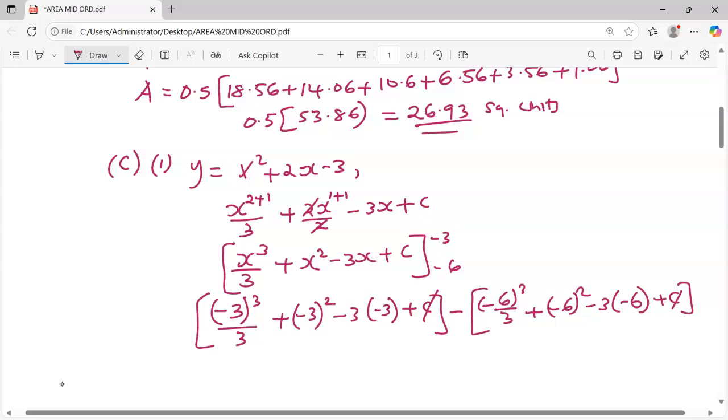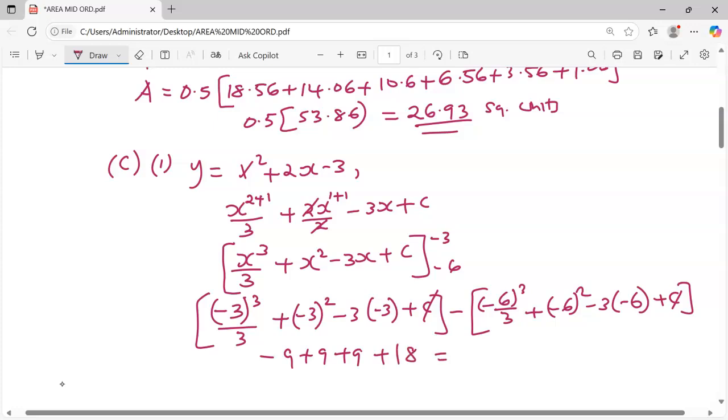We are going to have -27 over 3, which is -9, and -9 plus 9, then plus 9. Then minus the other part, which is -6 cubed over 3 plus -6 squared plus -3 times -6, which will give us a total of 18.